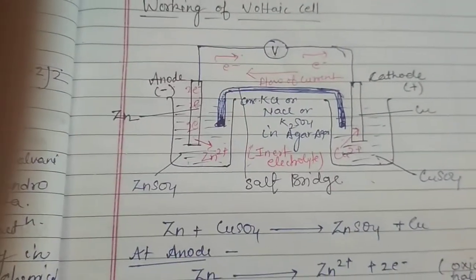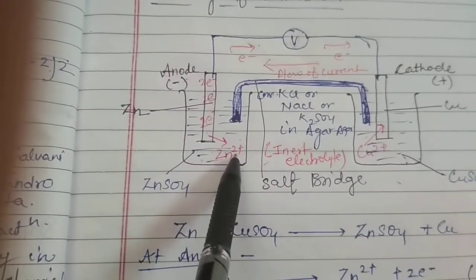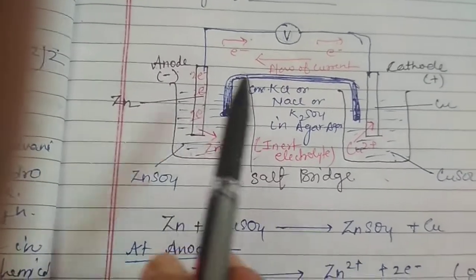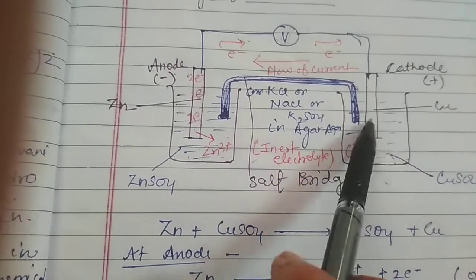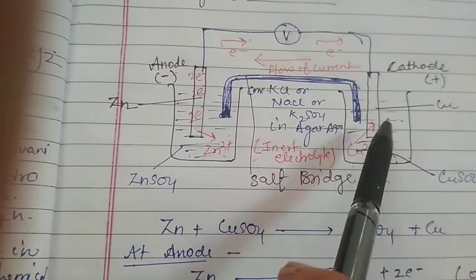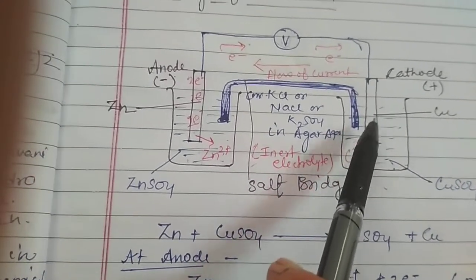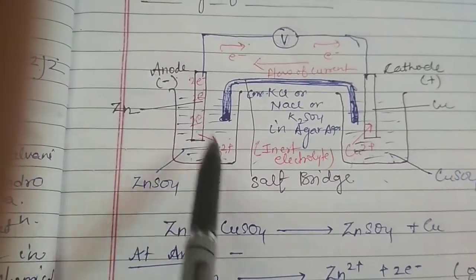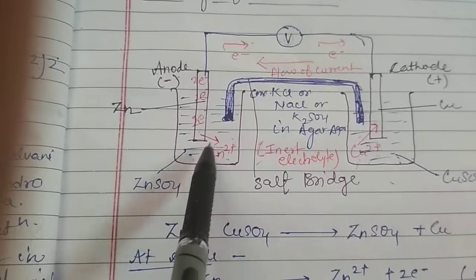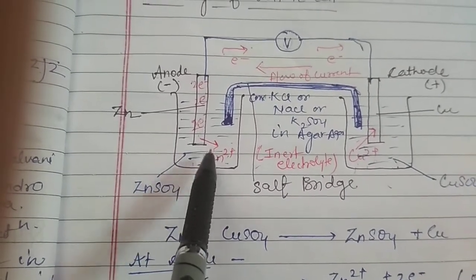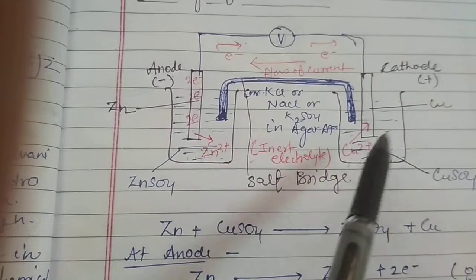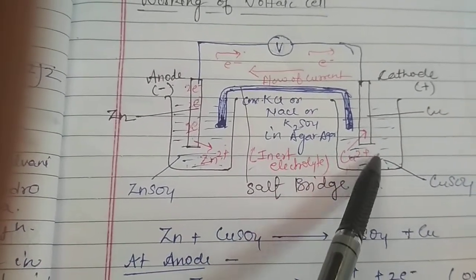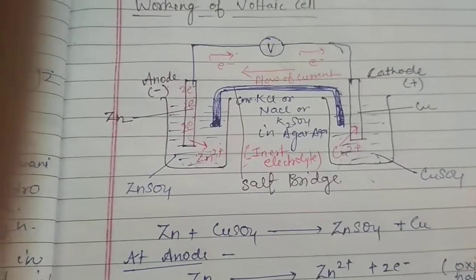Here we are able to see, as zinc is migrating into the solution, the mass of the zinc rod would decrease, and as copper ions get deposited on the copper rod, the mass of copper would increase. As zinc moves in the form of zinc ion into the solution, the concentration of zinc ion would increase, and the concentration of copper ion in the electrolyte would decrease.